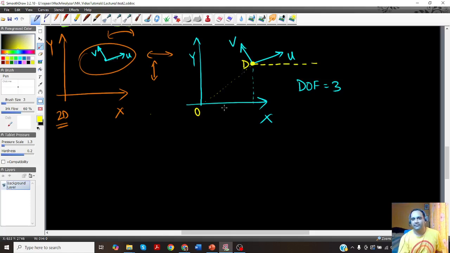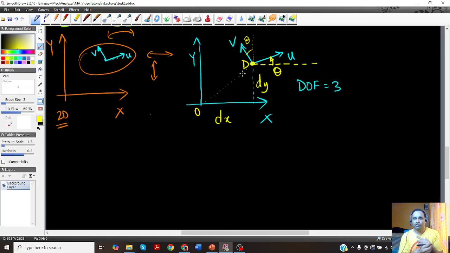This OD vector will have coordinates dx, dy. And if I want to represent the orientation, I can represent it using the inclination of the u axis with respect to the horizontal. So obviously this angle will also be theta.